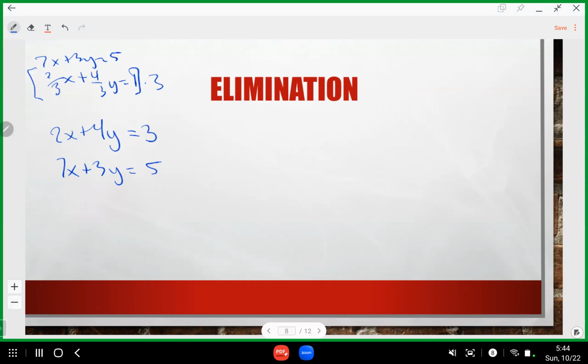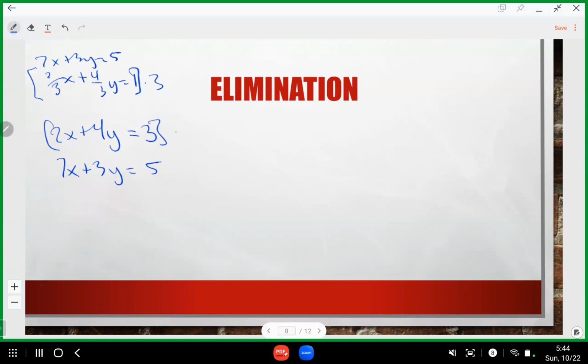But right now we can't do that because none of these match up. So what you have to do is find the least common multiple.